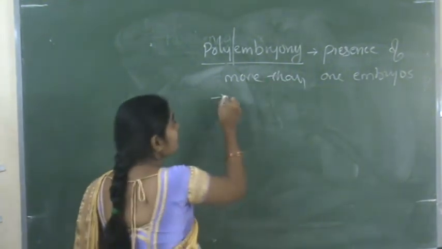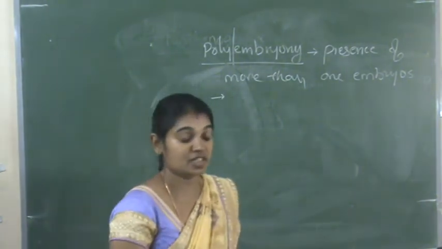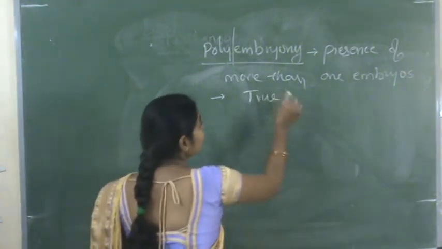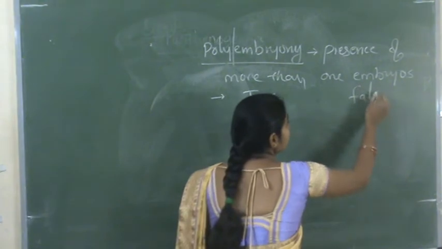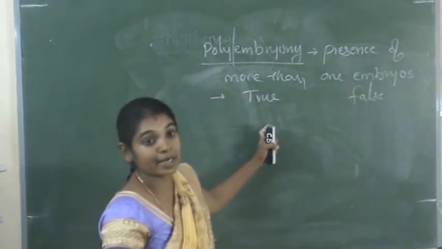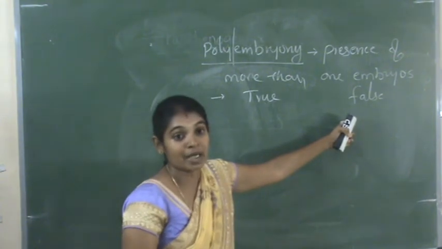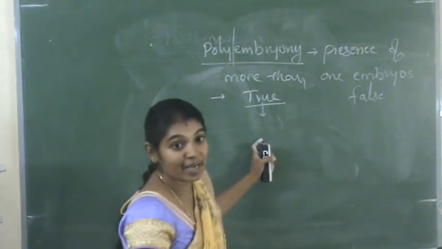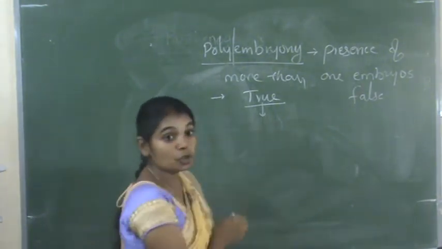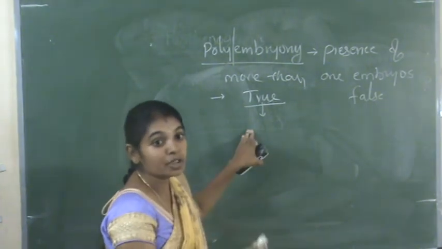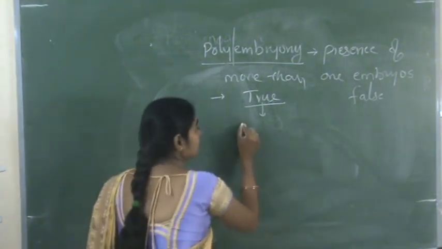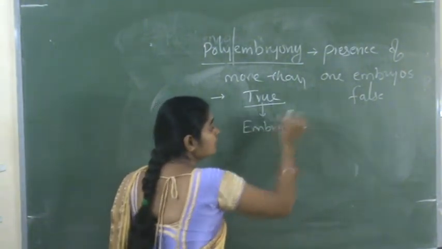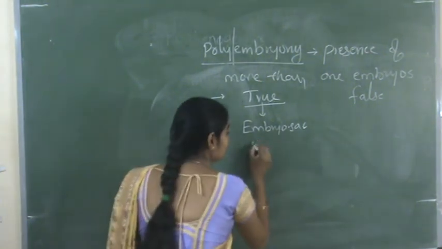Now the conditions of how polyembryony is present. Mainly there are two types of polyembryony: one is true, another is false. True polyembryony is due to the presence of more than one embryo sac in a single ovule.